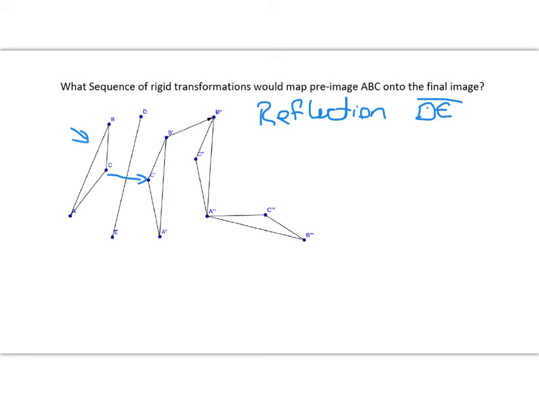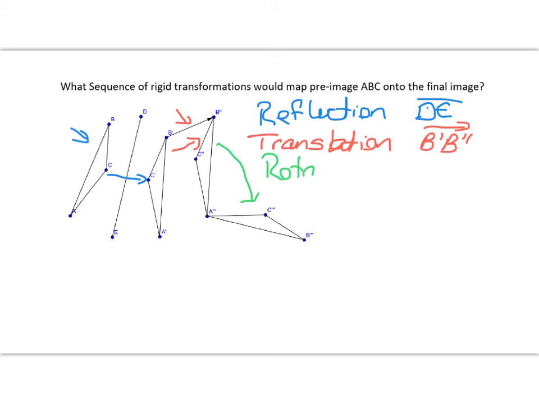And then the next one is I'm going from here to here. If you'll notice, this is a vector, so I did a translation along my vector B prime B double prime in that direction. And then the next thing I did is I went from here to here, and that's a rotation.